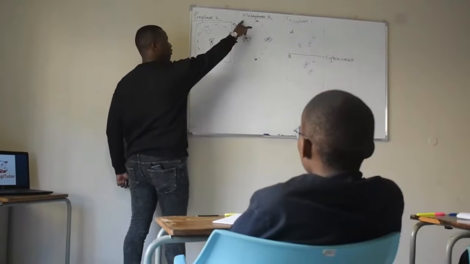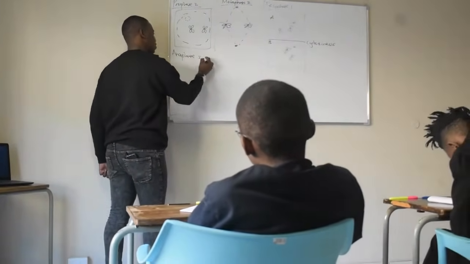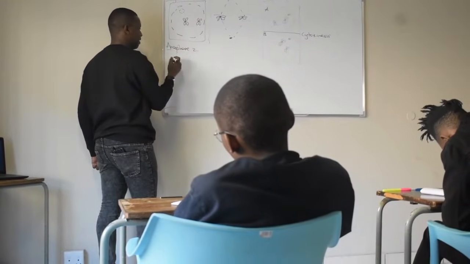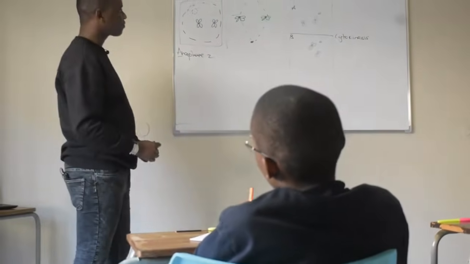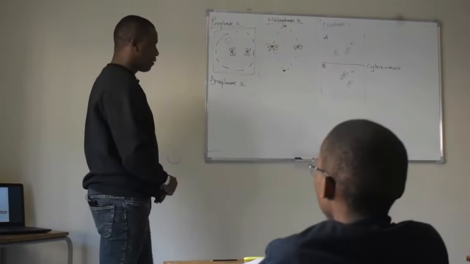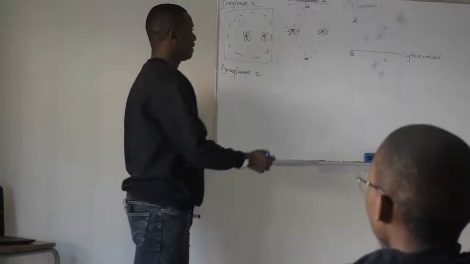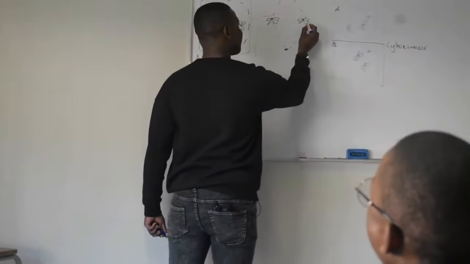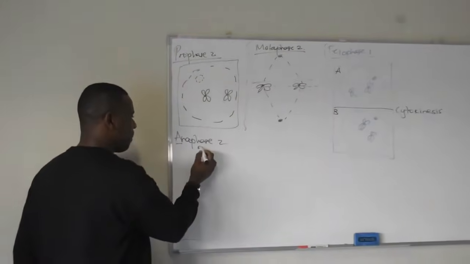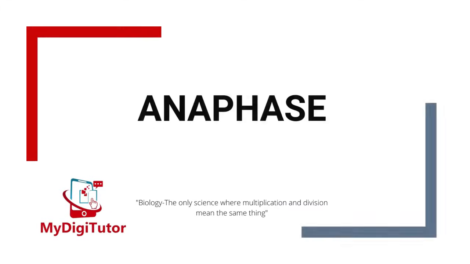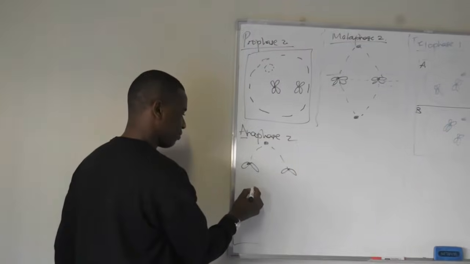And then from metaphase, we go to anaphase 2. Ana, A, apart. Now, I want you to look clearly. There is no other way we can separate the chromosomes if we are not separating the chromatids. Right? So, what is going to happen in anaphase? We are now going to have chromatids.